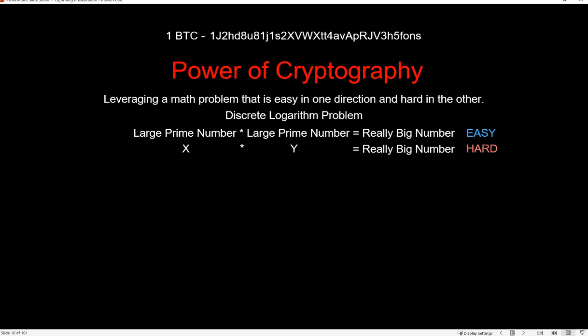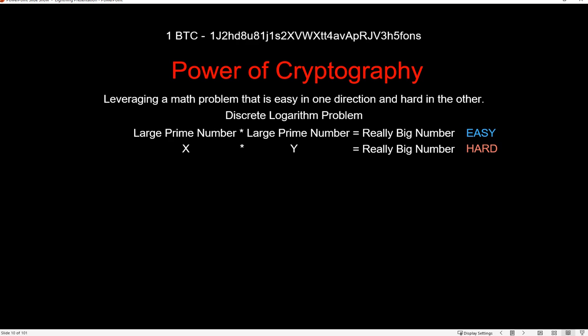quattuorvigintillion. But here's the issue with cryptography. And this is where the discrete logarithm problem comes in: if I were to give you the really big number, and I ask you to tell me, what two large prime numbers multiply to give you this number? This is a hard problem. Now, when I say hard, I'm not using the word hard as an adjective, like this is very hard.